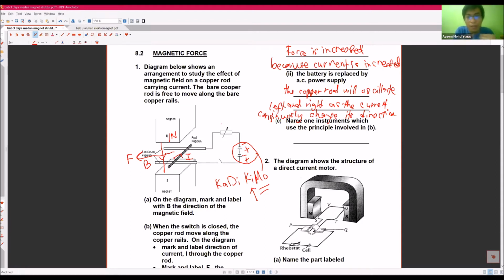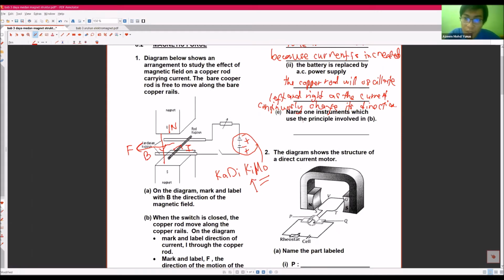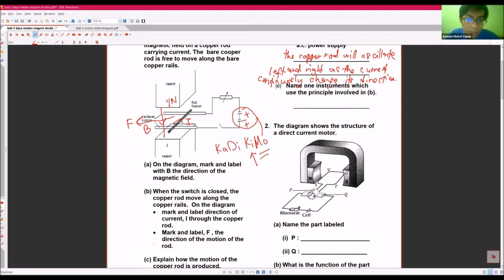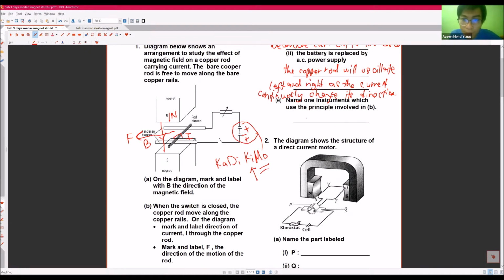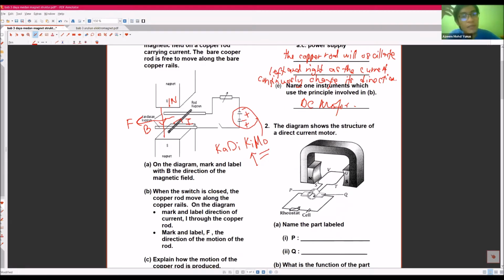The rod will sway or move left and right. We call this movement oscillation. That is the only application that we learn for this subtopic.